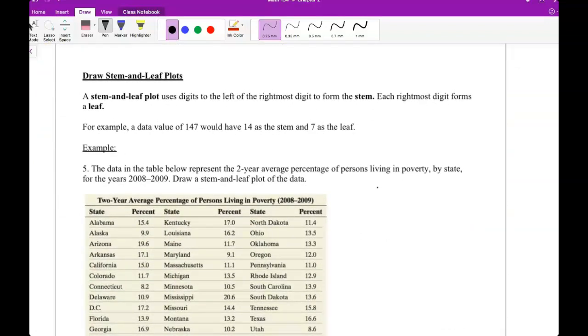Okay, now next page, we're going to draw a stem and leaf plot. A stem and leaf plot uses the digits to the left of the rightmost digit to form the stem, and each rightmost digit forms the leaf.